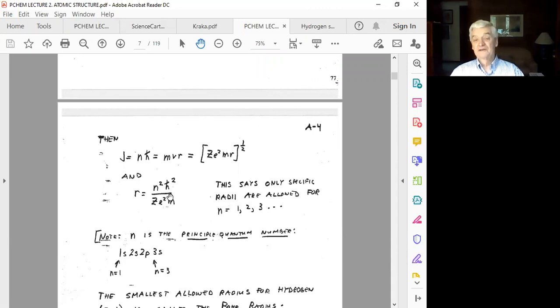So it's going to turn out this is exactly right, the fact that we can have quantum numbers n equal to 1, 2, and 3. And in fact, this is going to lead to the correct energy that we have for the system. What we're going to find is if we put n equal to 1, and this, for example, would represent the electron in a 1s hydrogen orbital, that will be equal to the Bohr radius a0, and that will be the most probable distance that the electron is from the nucleus.